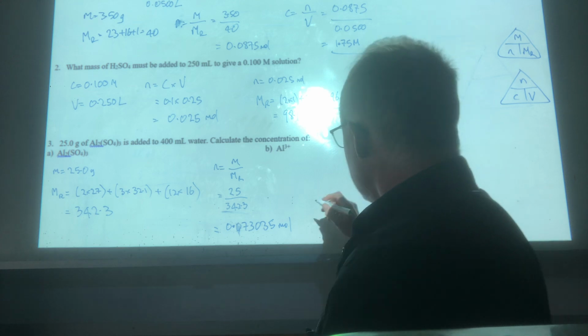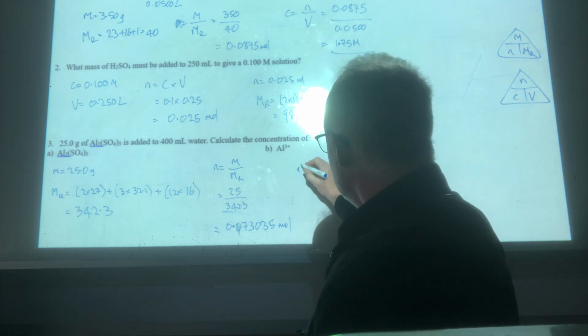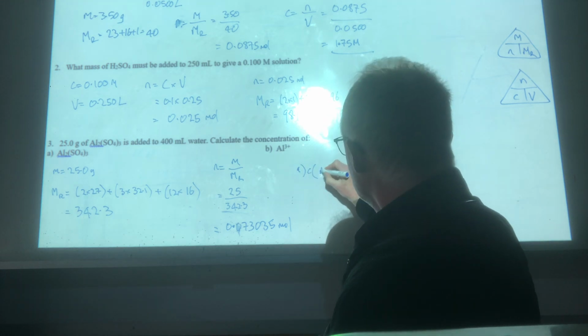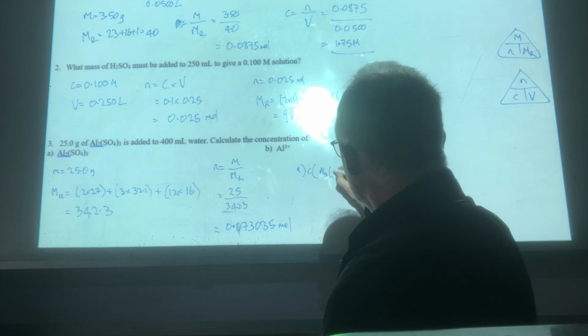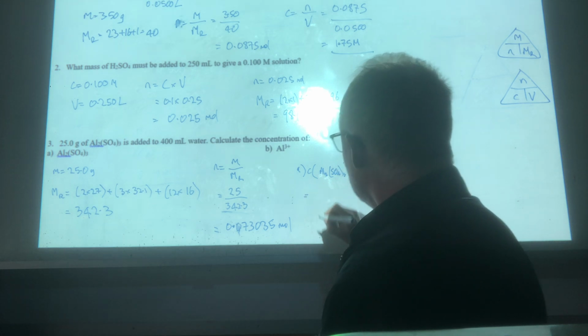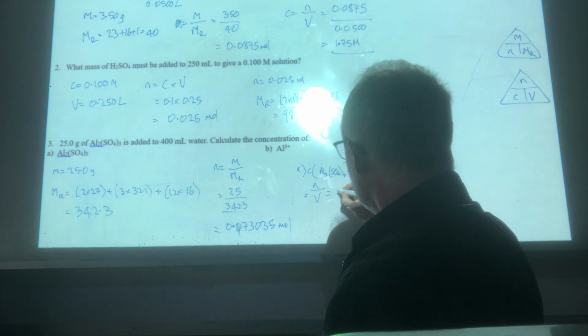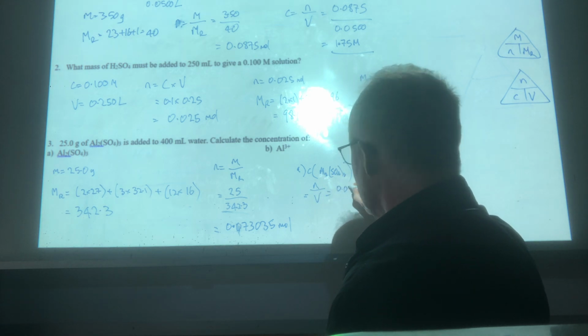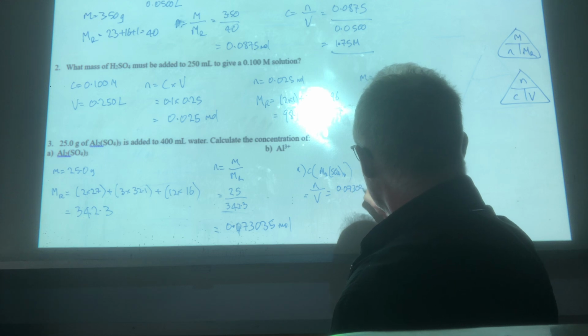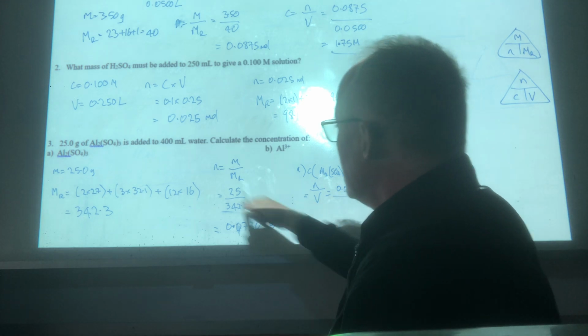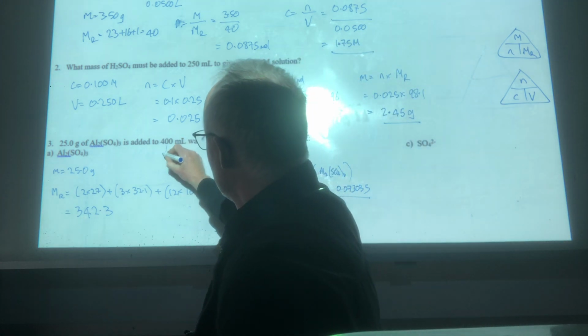Now next, the concentration, which equals N over V. Volume in litres, of course.